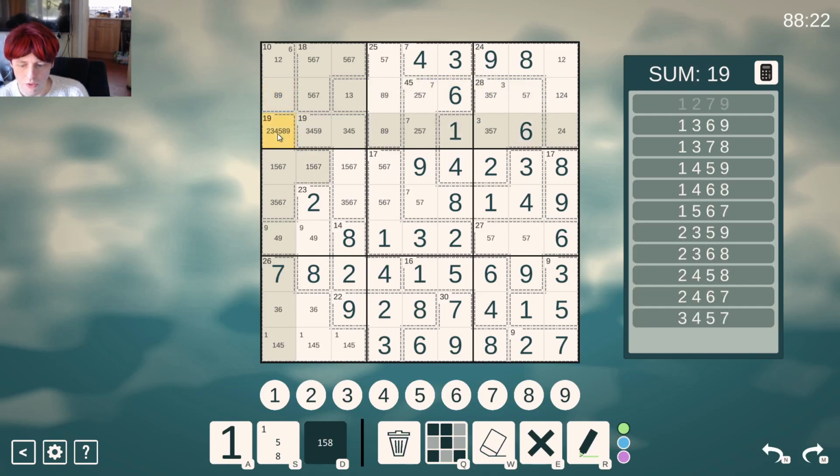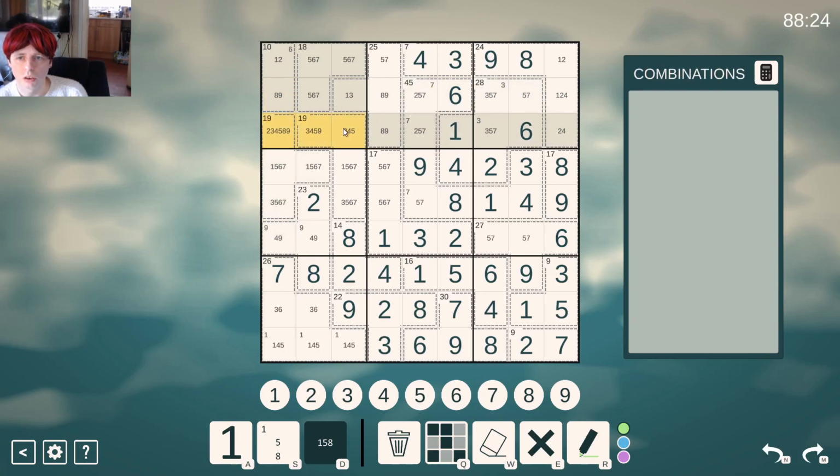Five comes out of there. Six and 7 were already gone. Okay.